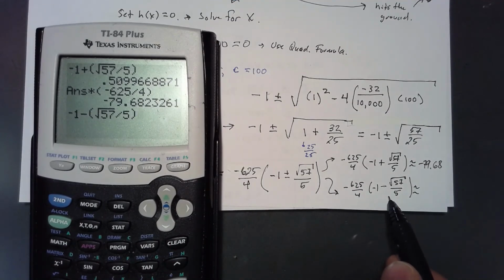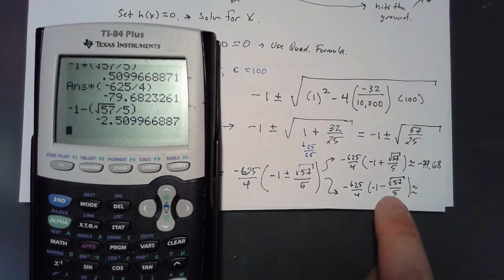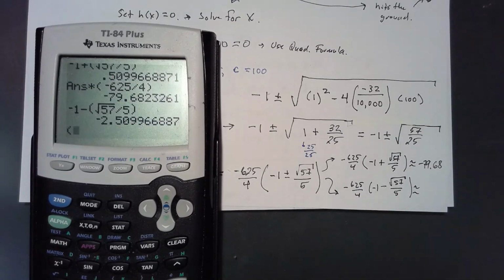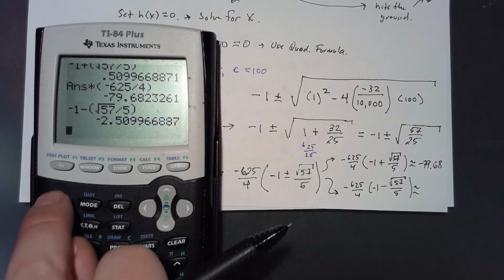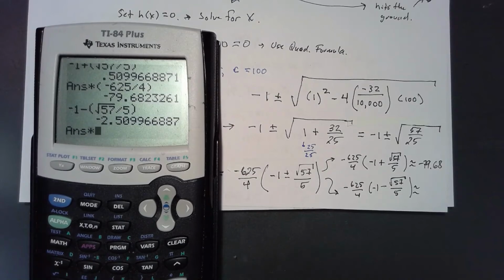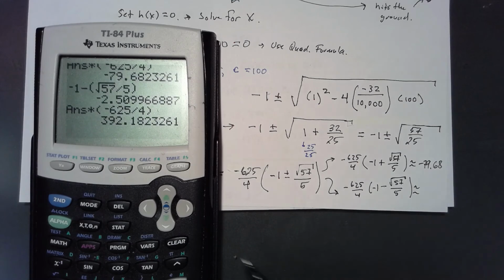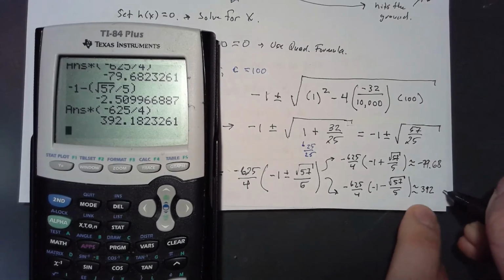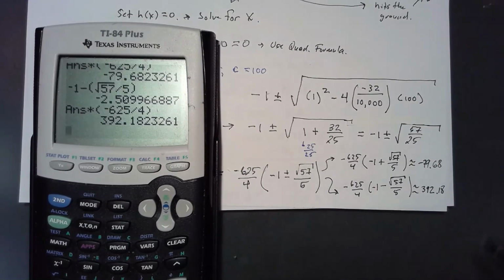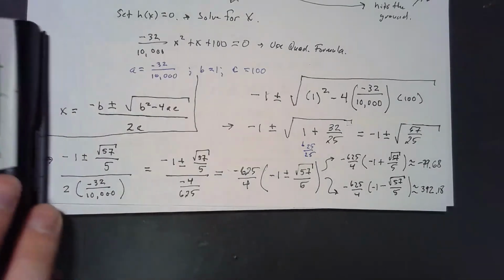That gives me that, and then multiply that by negative 625 divided by 4. My video froze. There it is. That gives me 392.18.